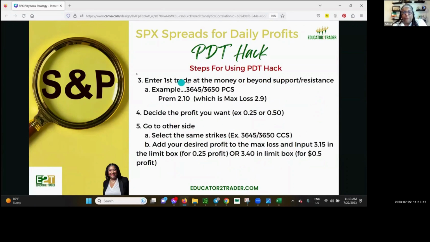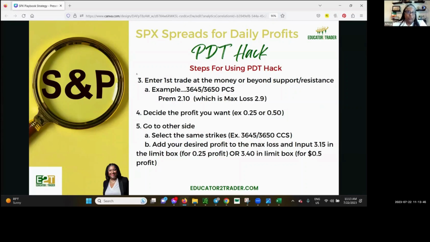You want to enter the first trade at the money or beyond support or resistance. This is kind of a personal preference. Saeed is going to talk about this here in a minute. At the money, you're going to receive more in premiums and have a little less in max loss, but you're also closer to current price.